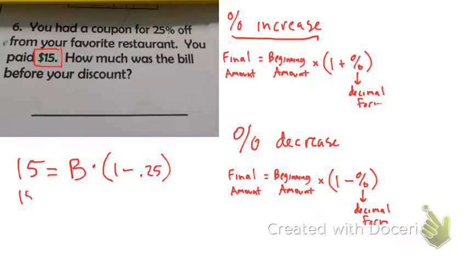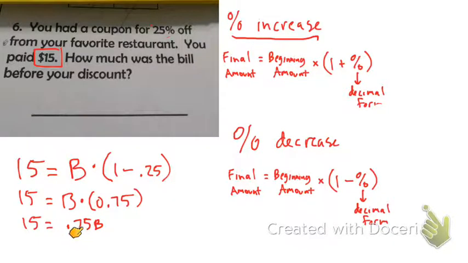So we're going to solve this out. You have 15 equals B times 1 minus 0.25. That's 0.75. So I'm going to rewrite this so it looks a little better: 15 equals 0.75 times B. Now to solve for B, we're simply going to get rid of 0.75.